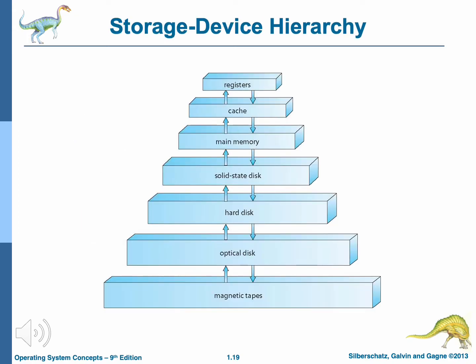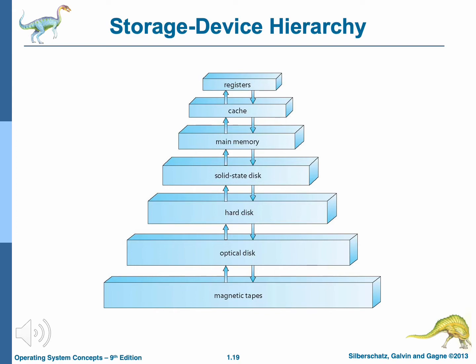The wide variety of storage systems can be organized in a hierarchy according to speed and cost. The higher levels are expensive, but they are fast. As we move down the hierarchy, the cost per bit generally decreases, whereas the access time generally increases.